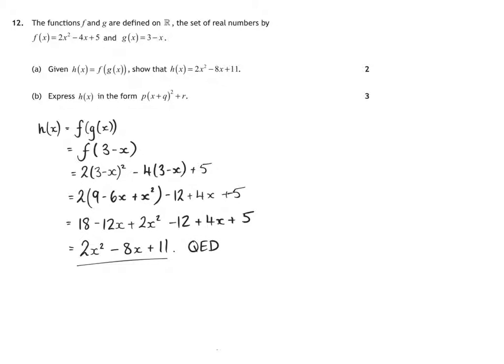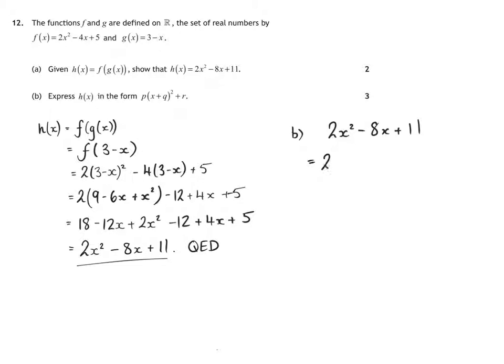Okay, so the second part of this question is to express this in completed the square form. So even if you weren't able to do part A, you might be able to do some of part B. Okay, so we start with 2x squared minus 8x plus 11. To complete the square, we're looking at the first 2 terms and ignoring the number to start with.